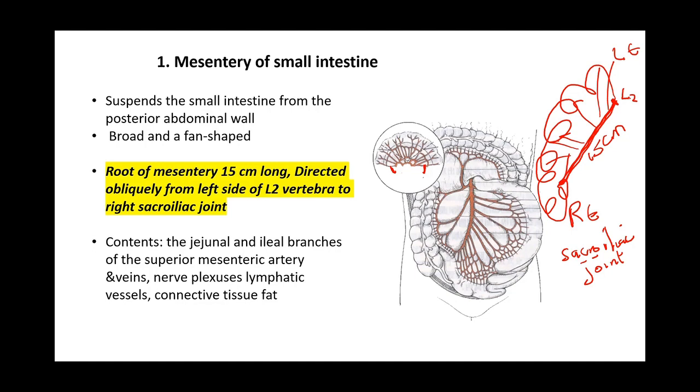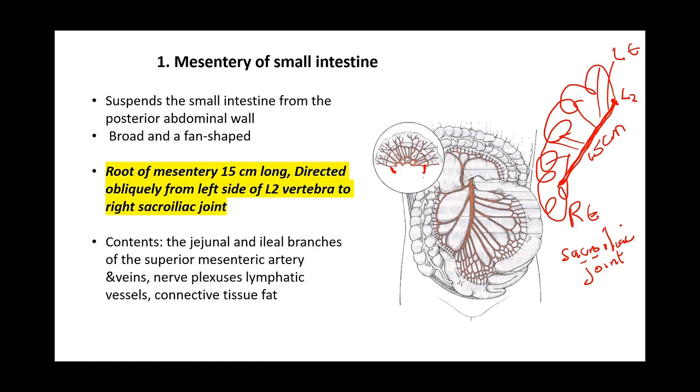Okay, you have the right colic artery, ileocolic artery. So among the superior mesenteric artery branches, you have intestinal arteries, which are the jejunal and the ileal. They run through the mesentery.